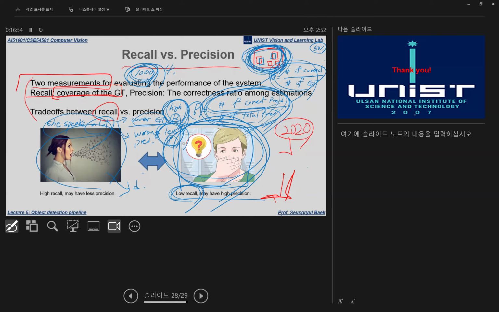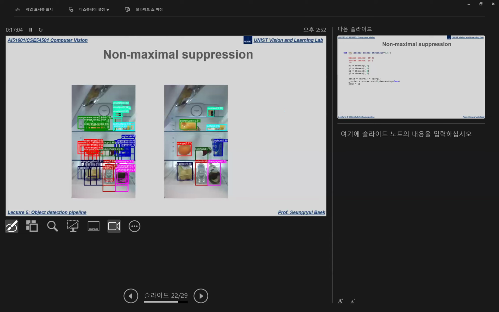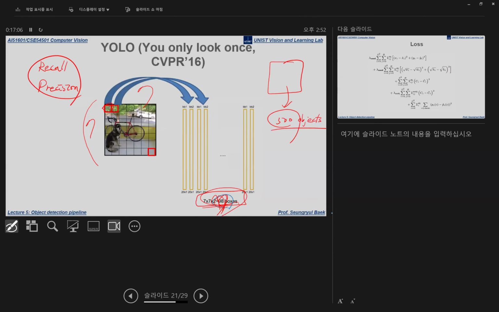But in the aspect of recall, they are not very good. Because they are predicting a very limited number of bounding boxes, for example, 98 bounding boxes, if there are more than 100 objects, they will be missing those objects.